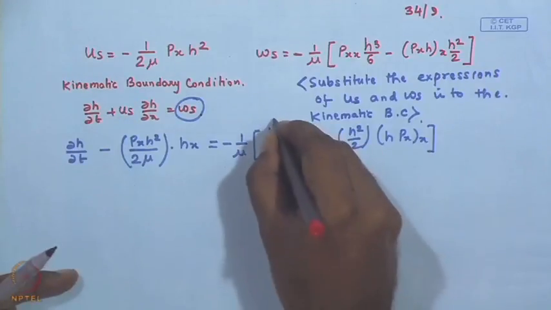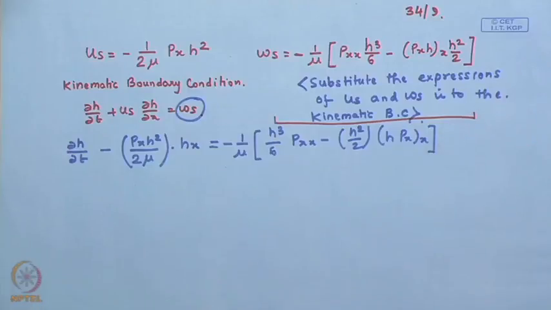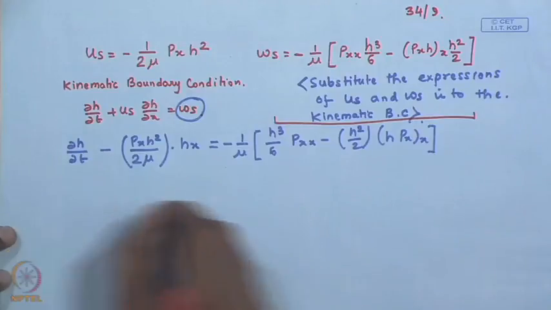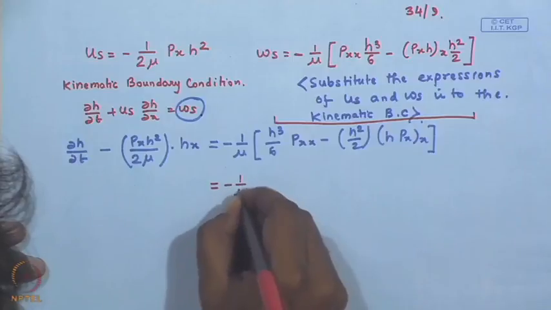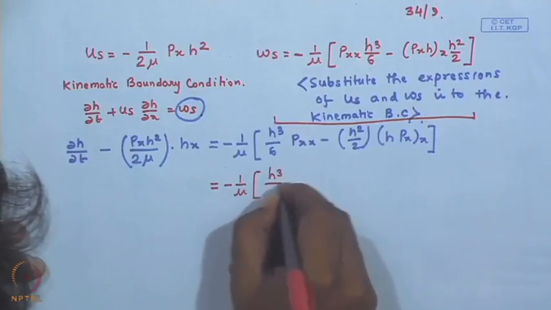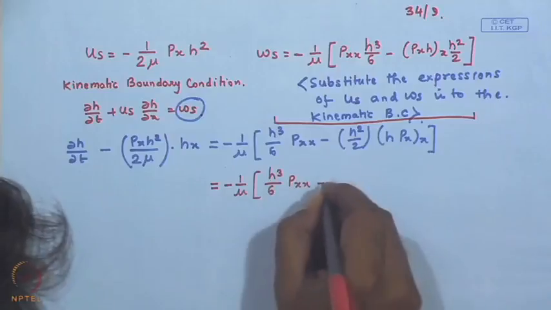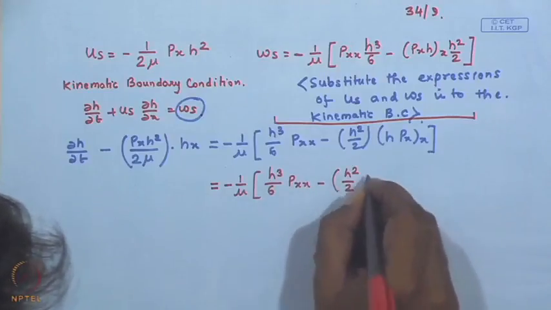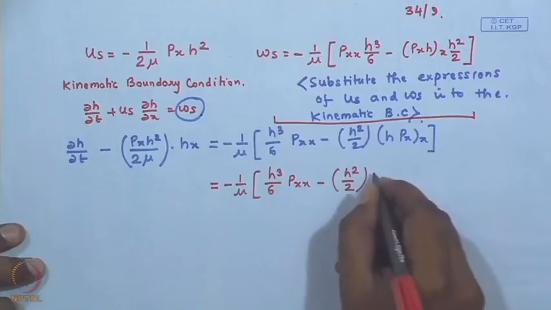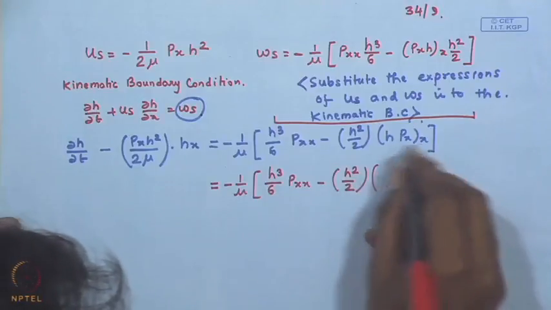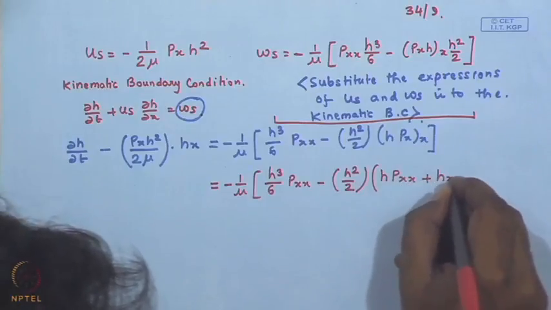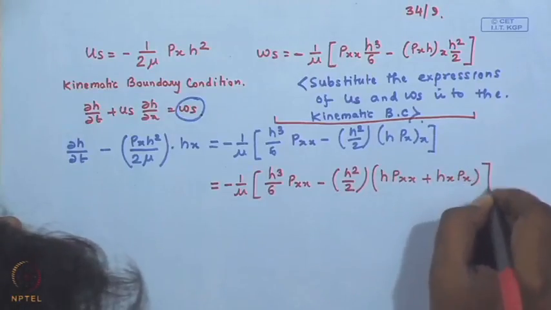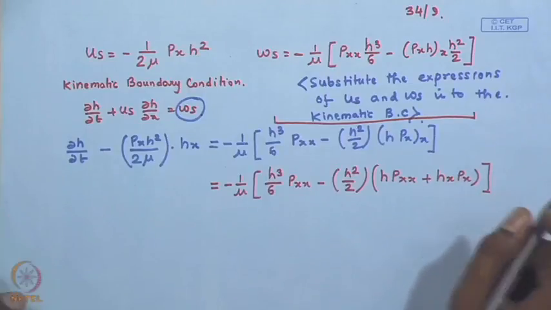Once you do that, you need to do a little bit of algebraic manipulation, particularly on the right hand side. So, it is minus 1/μ h³/6 into pxx minus h²/2 into this differential, which we now want to break up as h pxx plus hx px, because both h and p are functions of x.